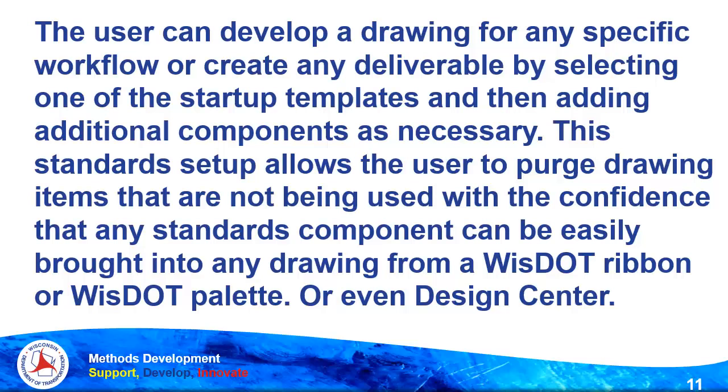This standard setup allows the users to purge drawing items that are not being used with the confidence that any standard component can be easily brought into any drawing from the WisDOT Ribbon or WisDOT Palette, or even Design Center. WisDOT is moving toward controlling standards through tool choice with predefined object settings on the ribbons and mostly on the palettes. So what are the main WisDOT standard configuration components?